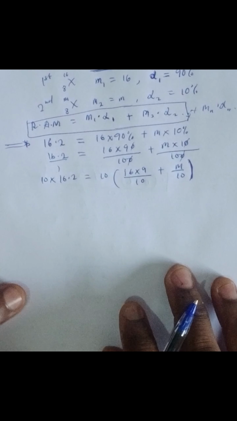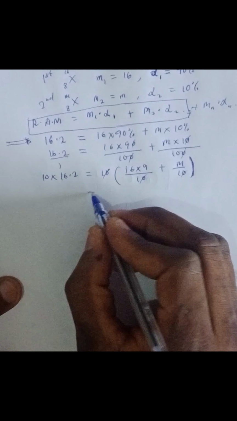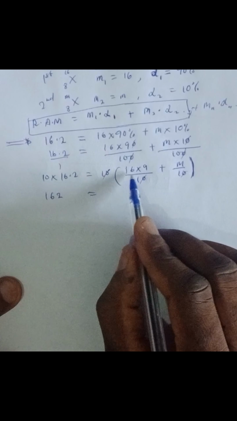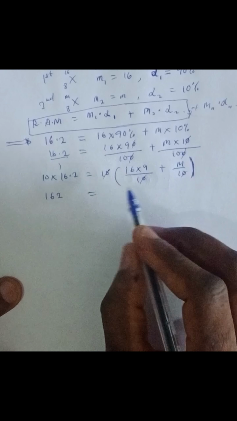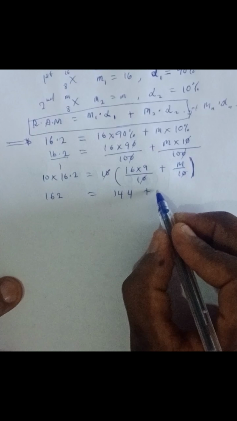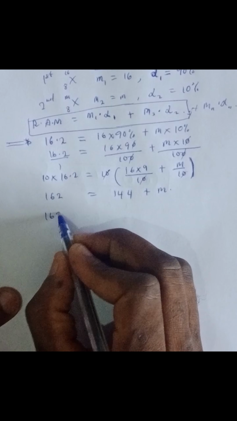Are you getting it? Here this 10 will cancel out this. So this will now be 162. Now 16 multiplied by 9 will give us 144 plus m. Now here we have 162.